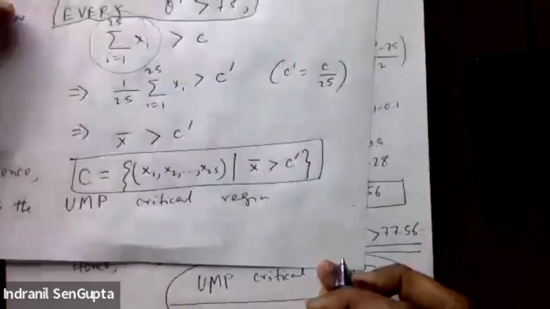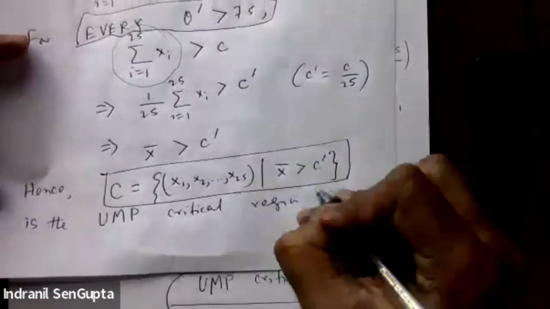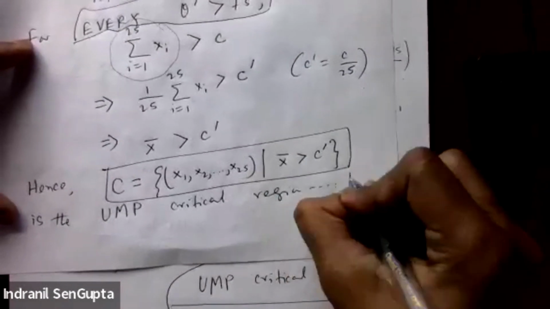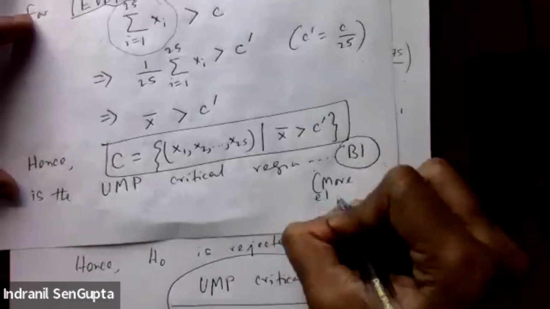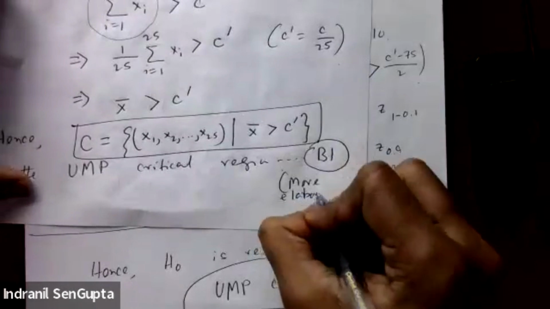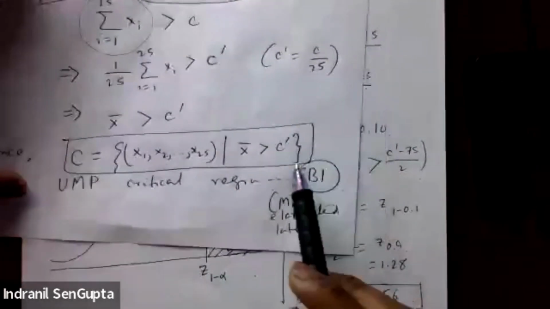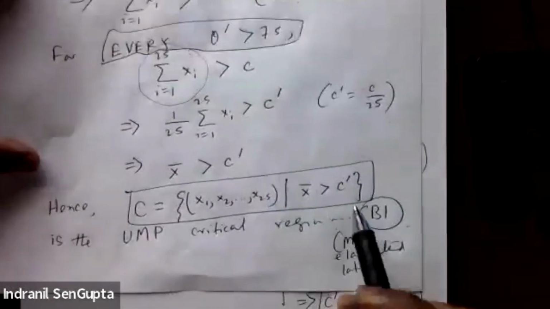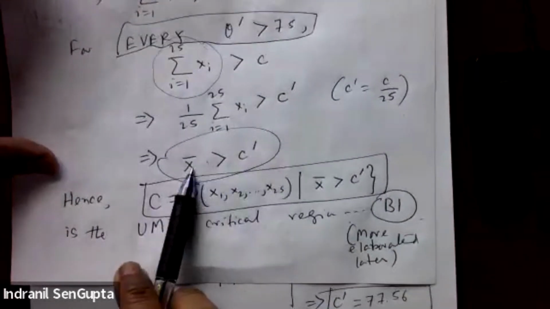So there are two ways of answering the question. The first way is just by observing this one, which is B1, more elaborated later. And then we studied this region and tried to understand this quantity in a little bit more detail.